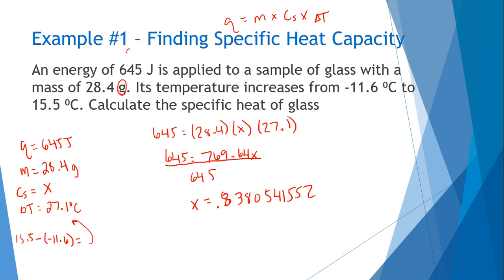Here, this one has 3, 3, 3, and 3. So we're going to go to 3 sig figs here. So 0.838. And we have to make sure we're using proper units. So here our proper units is joules, because that was what our energy was, divided by, we divided by our grams. And then here, since we use Celsius, our unit is degree Celsius instead of degree Kelvin.